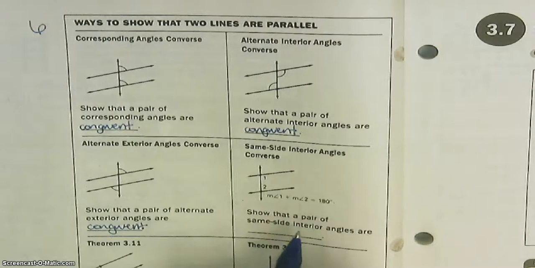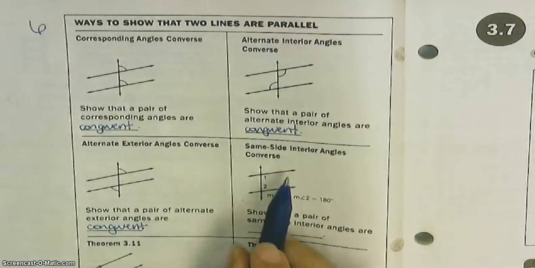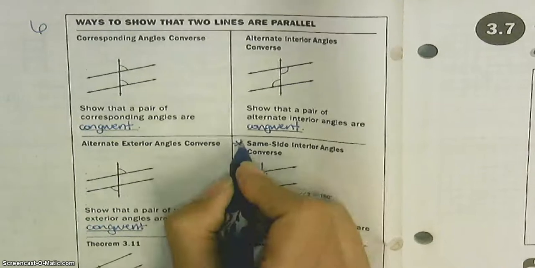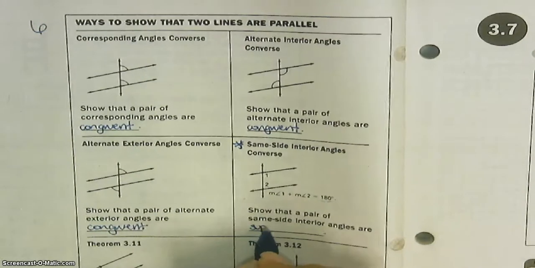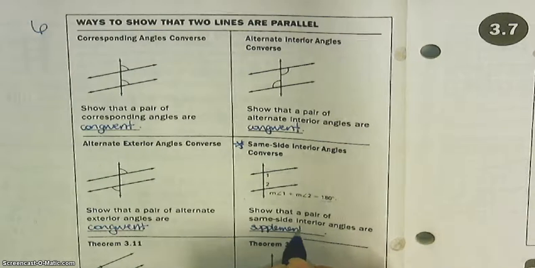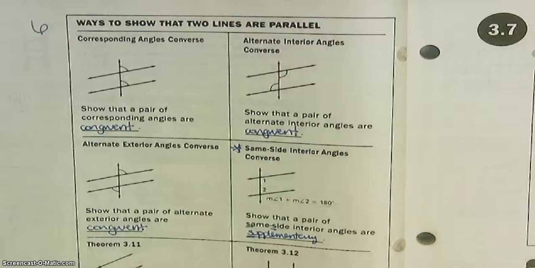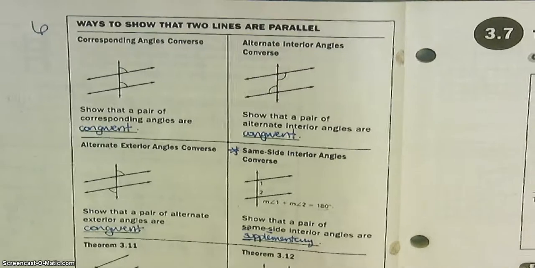This is our special one. We want the same side interior angles to equal 180. That's our different one. It has to be supplementary. So maybe you can remember same side supplementary, all those S's in there.